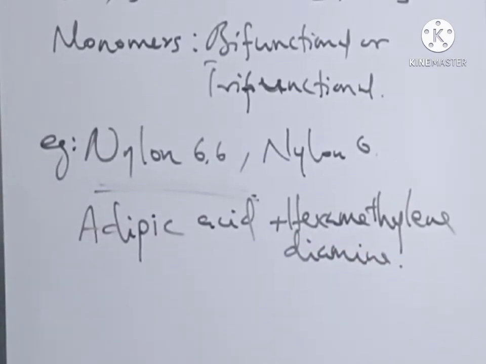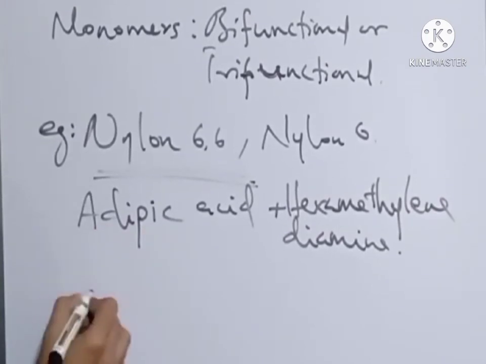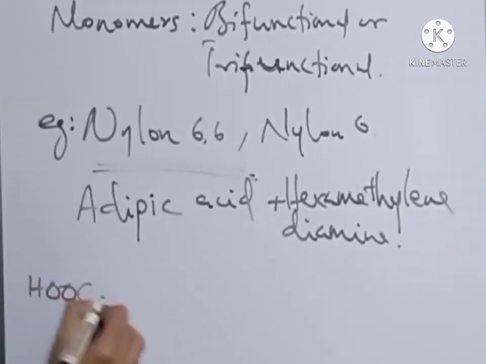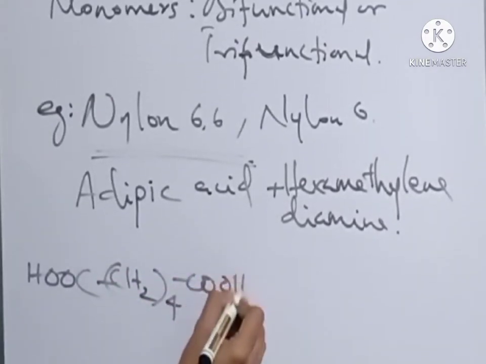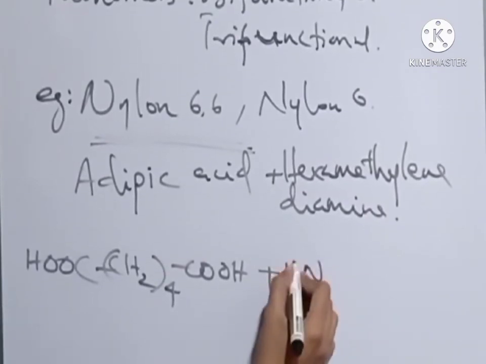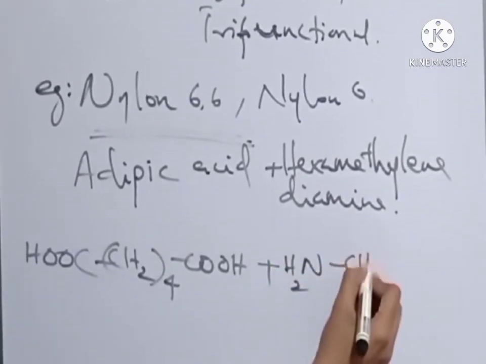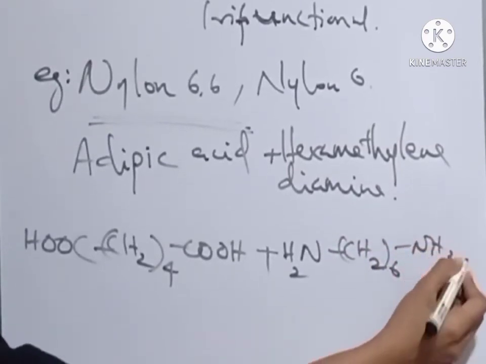So if we write the reaction of these monomers, adipic acid is COOH (CH2)4 COOH, and hexamethylene diamine has two amine groups, and is NH2 (CH2)6 NH2.